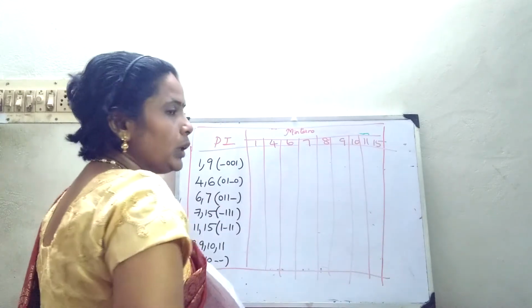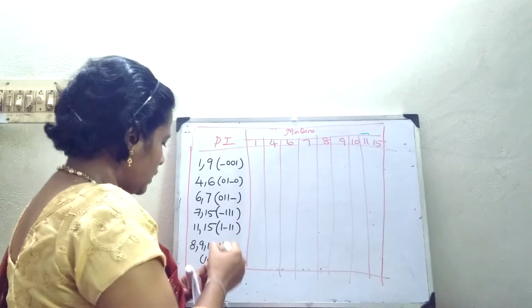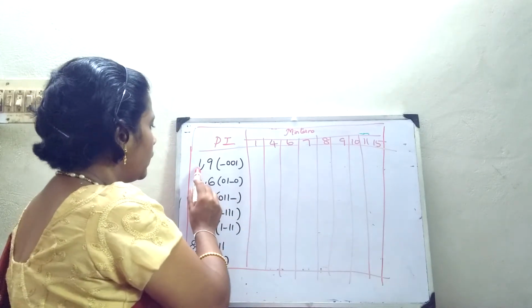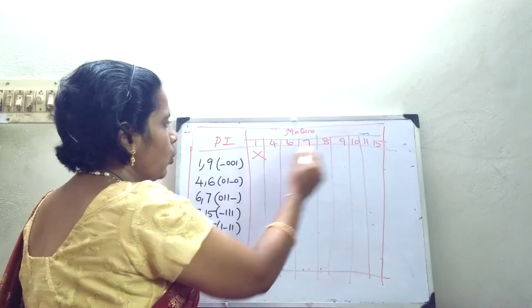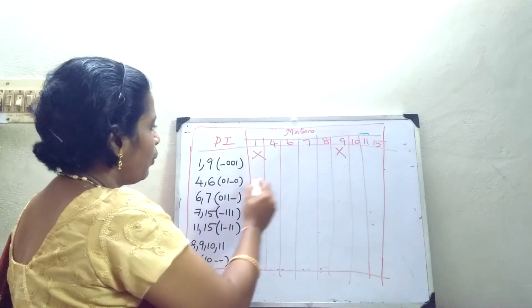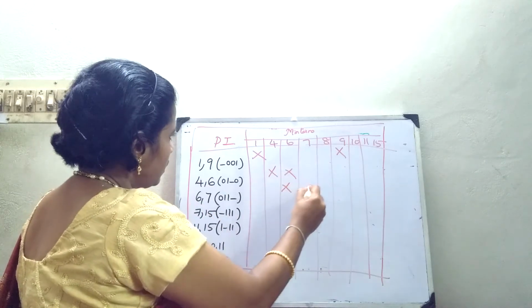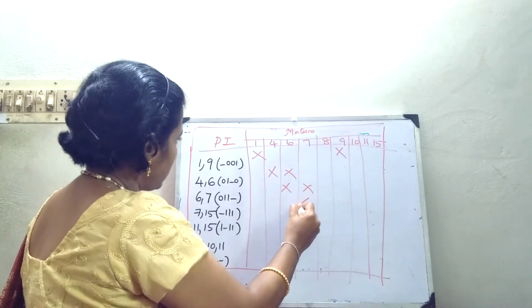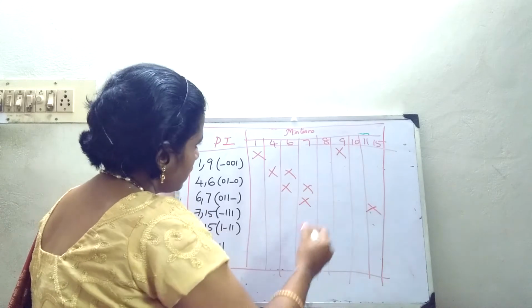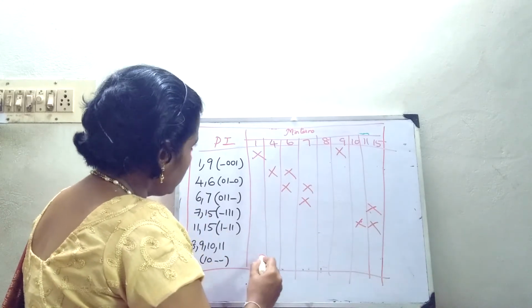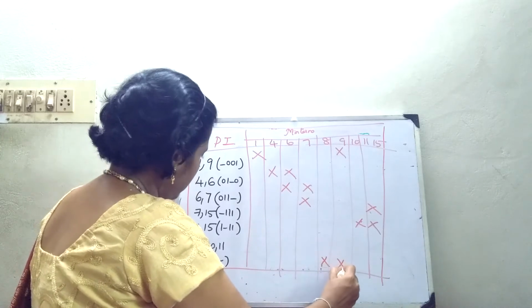Okay. Now the next step is, in this table, whatever the terms 1, 9 means, there you go and put a cross. 4, 6, 6, 7, 7, 15, 11, 15, then 8, 9.